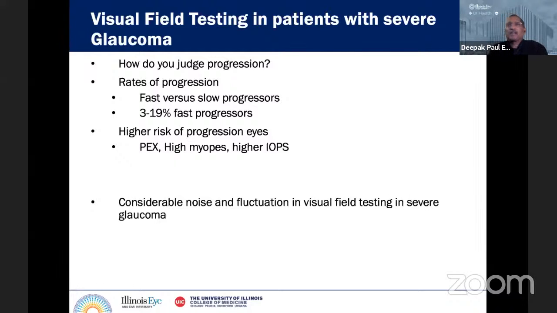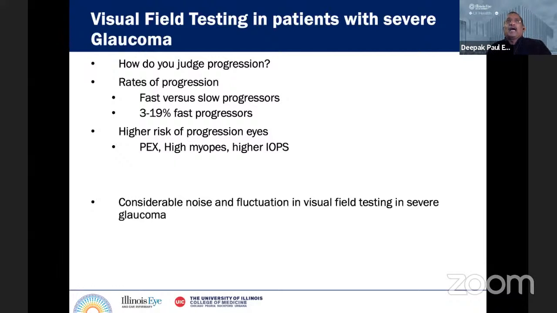So you need to be careful and not hesitate to repeat visual fields to make sure that there is actually progression in your fields. Remember, most patients will progress at a very slow rate, maybe less than 0.5 decibels a year.